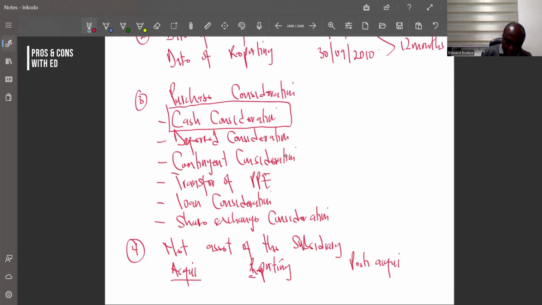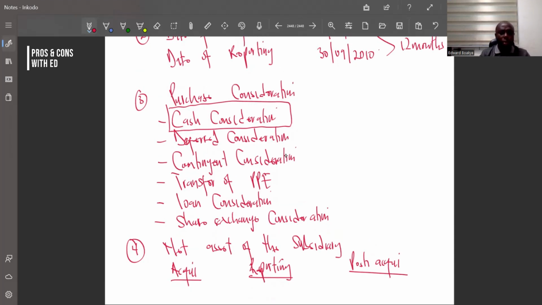So in dealing with net asset of the subsidiary, we will have acquisition, reporting, and then post acquisition. We want to know, as at the time that we were acquiring the company, what was their net asset? And at reporting, what is their net asset? The difference gives us the post acquisition profit. So acquisition, reporting, and then post acquisition.